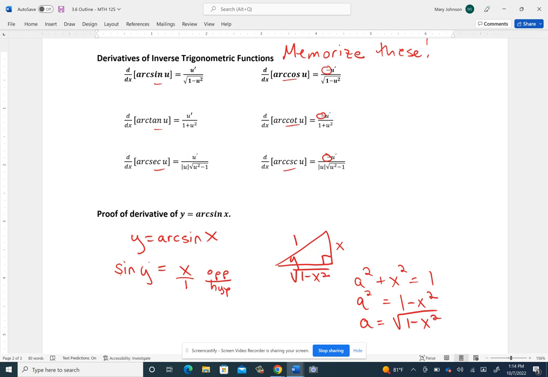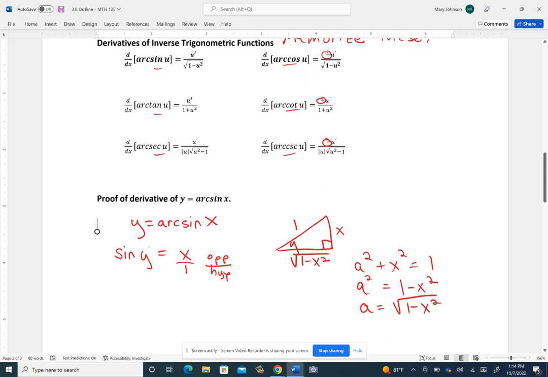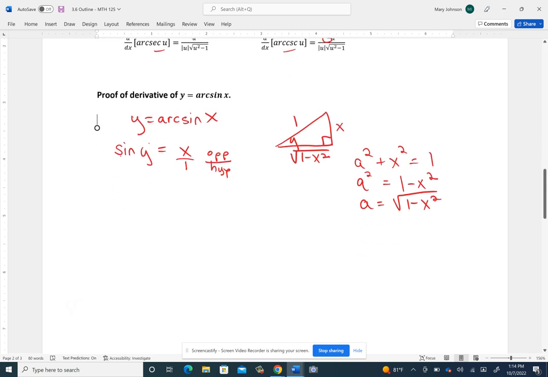All right, so now coming back over to where I had sine y equaling x. Now, I want to do the derivative of both sides. I'm using a little bit of something that we'll actually talk about later, but I think you can follow it okay.